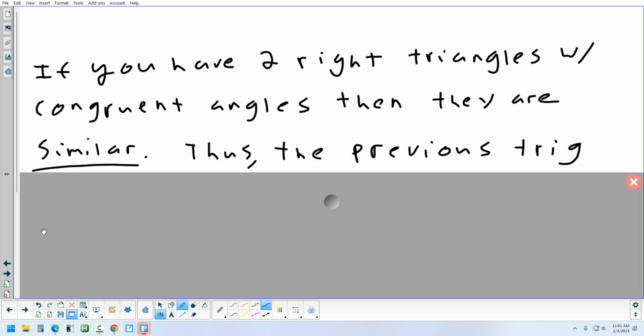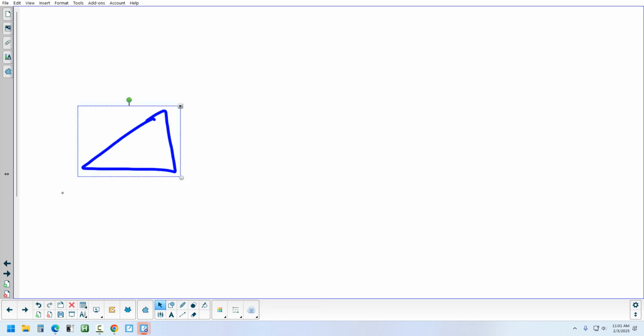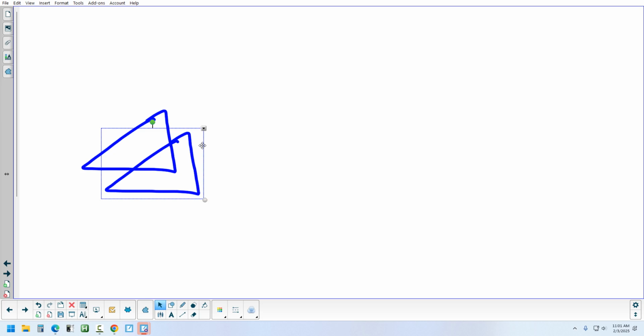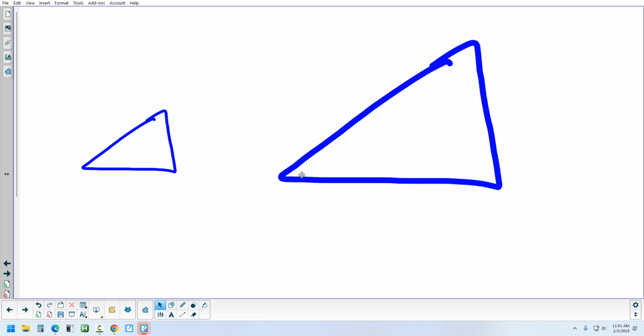So, one thing we want to take a look at is if I draw a triangle like that, and then I draw a triangle like that, and I ask you to find the 6 trig functions of this angle, and then find the 6 trig functions of that angle.